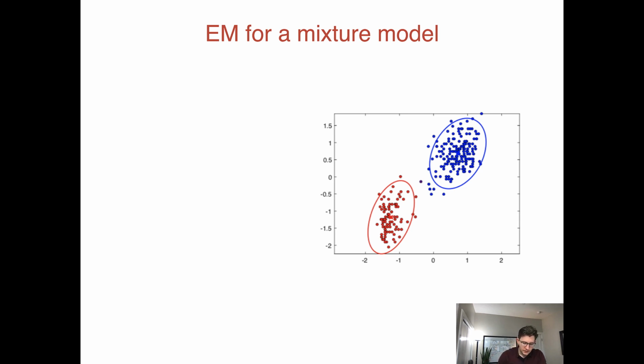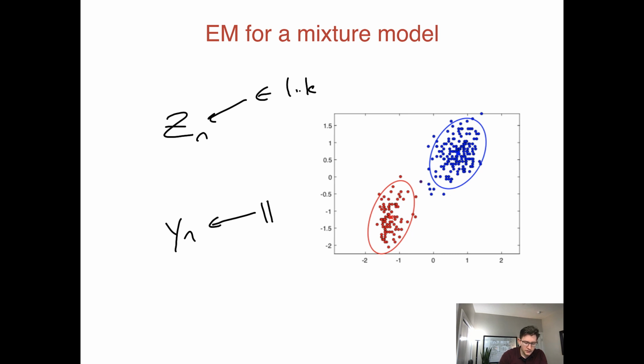So that is a model where we have z of n. This is going to be a value in 1 to k, and then we have some observed values y of n.